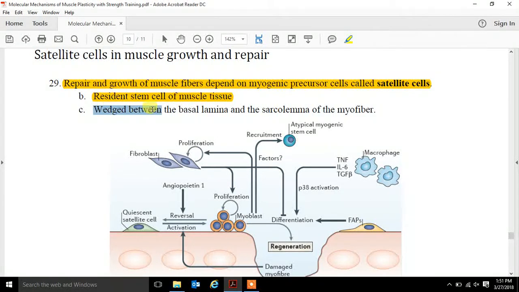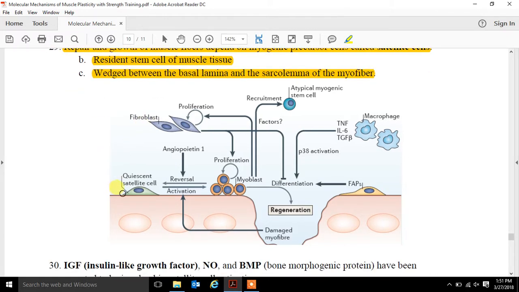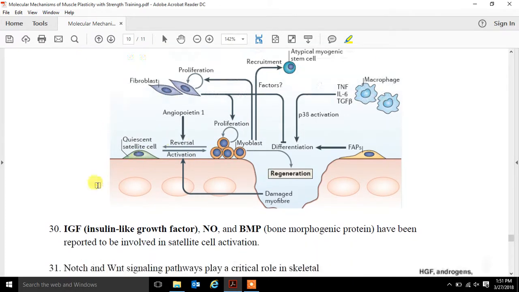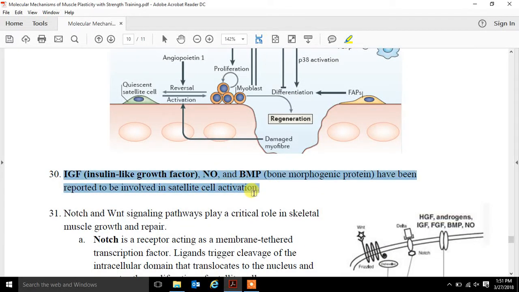We find them between the basal lamina and the sarcolemma of the myofiber. When we have a damaged myofiber, a quiescent satellite cell can get activated, and we can start seeing some regeneration. The key things that we do know is that we can activate these satellite cells through insulin-like growth factor, so it's likely going to have an AKT-mediated pathway, nitric oxide, and BMP, bone morphogenetic protein.